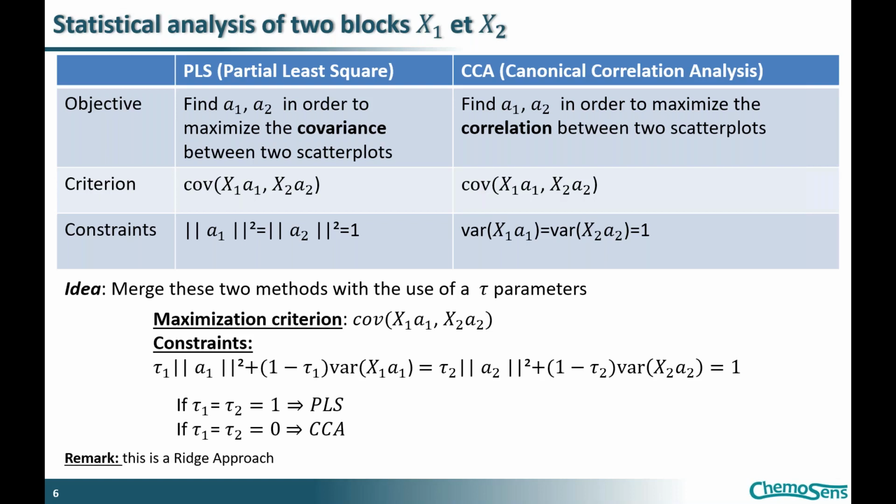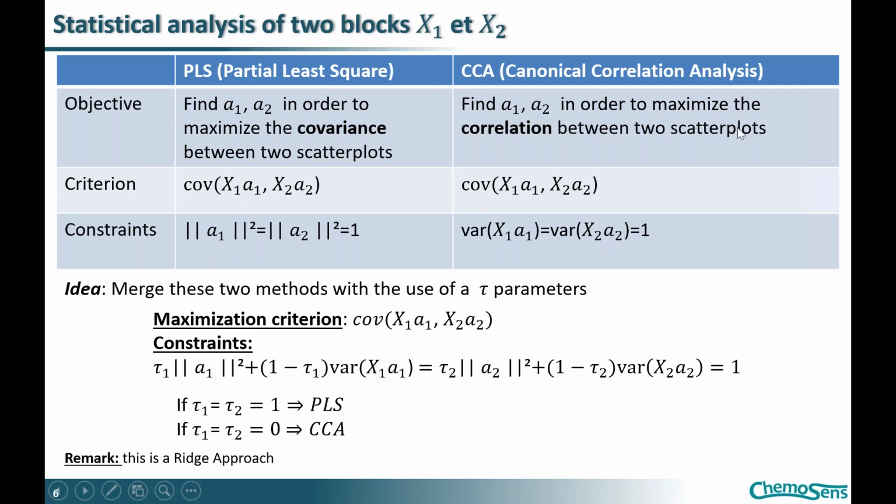The objective of PLS is to maximize a covariance criterion between 2 scatter plots, with constraints on the weights that should be of norm 1. And besides, you have CCA, which aims to maximize the correlation between the 2 scatter plots.